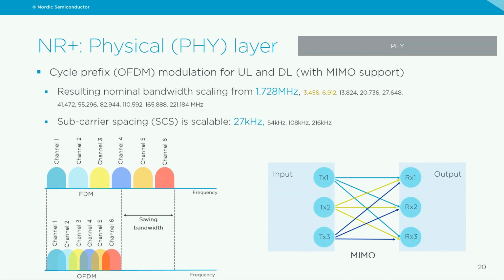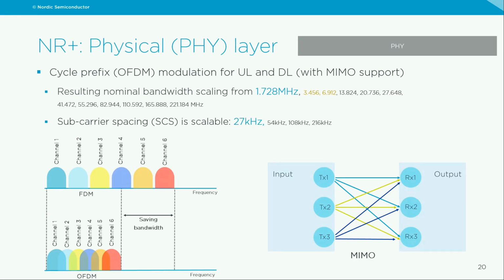For OFDM, you can see a figure on the left down side. Regular frequency division multiplexing at the top there. We see the different frequency channels beside each other, while in OFDM, you see the overlap, which means you can save a lot of bandwidth here. And for multiple input and multiple output, this enables more reliable transmissions of data, while also increasing the data rates, because you can have several TX antennas and several RX antennas for the devices.